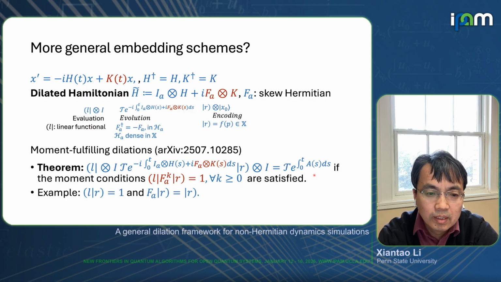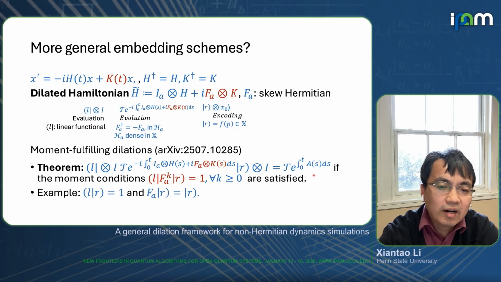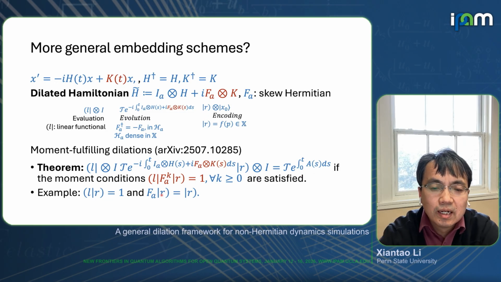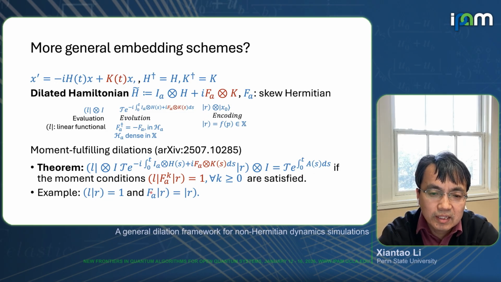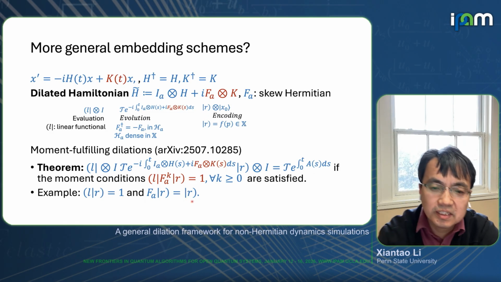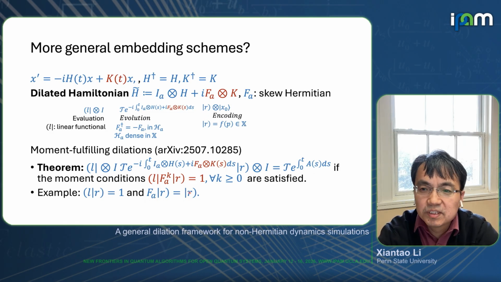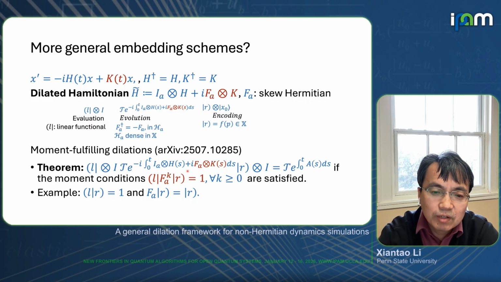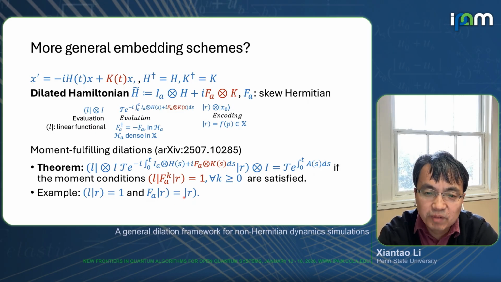Okay. Now, the obvious choice would be you pick R so that it is an eigenfunction of F with eigenvalue 1, and then the inner product between L and R is 1. But you see the obvious kind of contradiction here. So since F is a skew-Hermitian matrix, how can it have an eigenvalue 1, right?